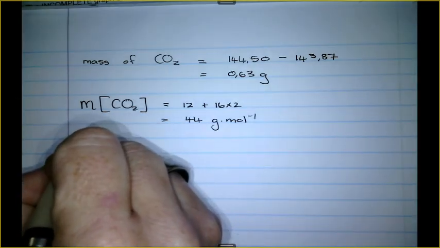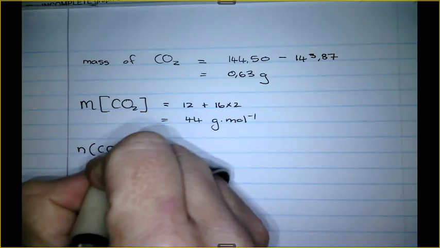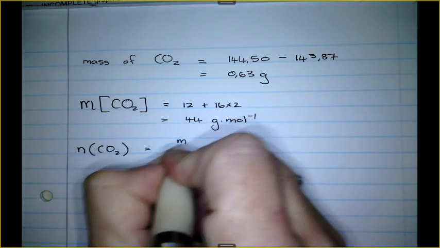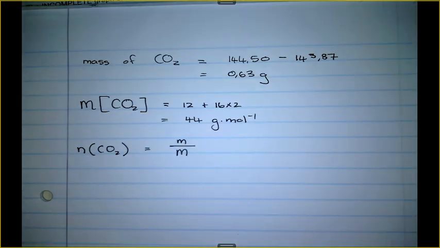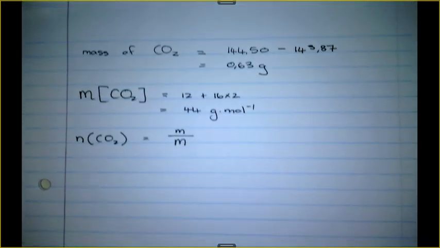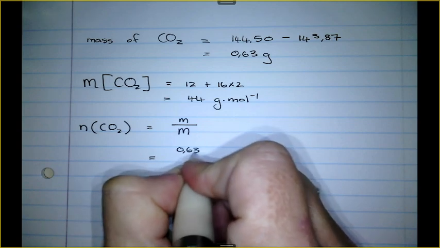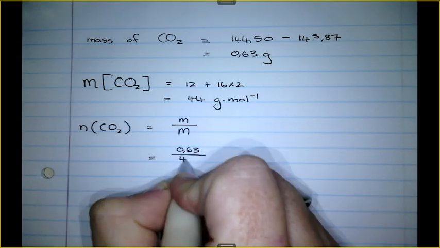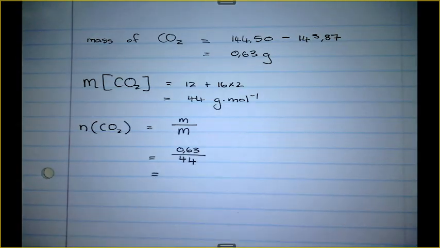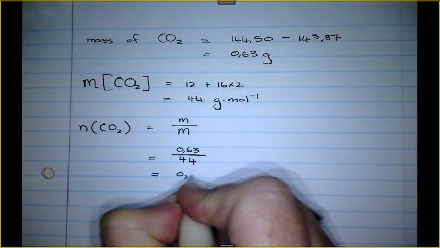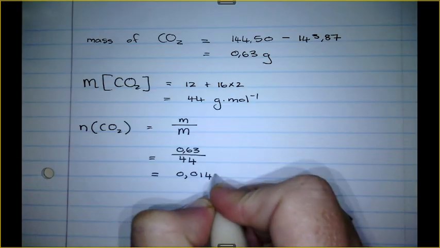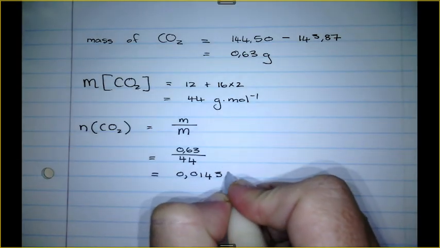What I do think you need to write out is how you determined the number of moles of carbon dioxide produced. So we've got that mass, the 0,63 that disappeared out of the container. Of course, divided by the molar mass, 0,0143, and now I get 18 repeating.